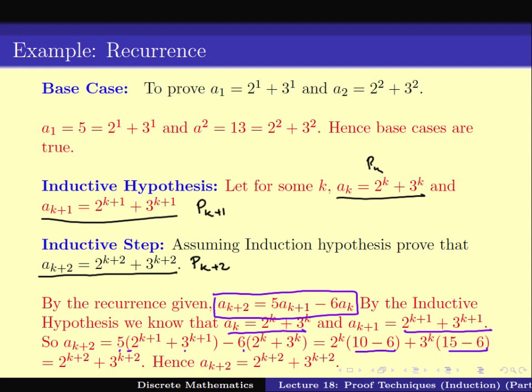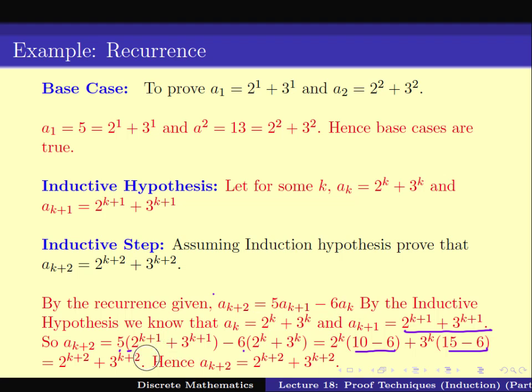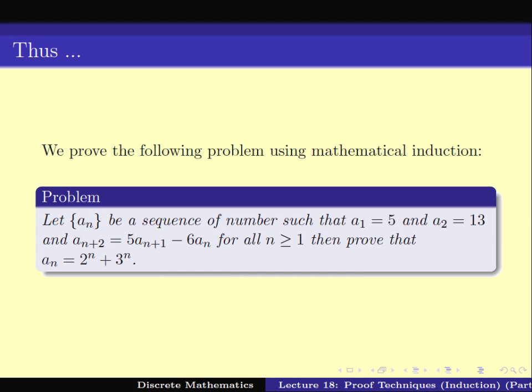So this is equal to 2^(k+2) plus 3^(k+2), and hence a_(k+2) equals 2^(k+2) plus 3^(k+2). Thus we have the proof that P_(k+2) is correct, assuming both P_k and P_(k+1) are true. So using the induction hypothesis and this particular version of it, we have been able to prove this particular sequence problem.